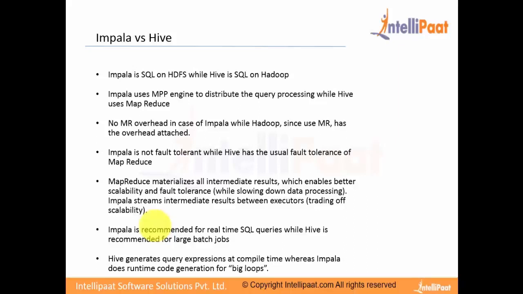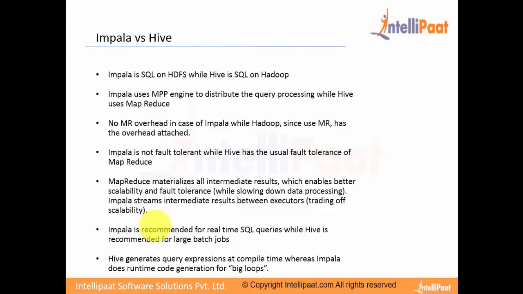There are a lot of benefits that we have discussed about using Impala, but Impala has its downside too. As discussed in the fourth bullet point, Impala is not fault tolerant while Hive has the usual fault tolerance of MapReduce. Now what that means is that although Impala is not going to use the MapReduce processing paradigm, it is going to use a similar kind of processing paradigm where it will process the data stored on HDFS and distribute the load accordingly on the different nodes in my cluster.